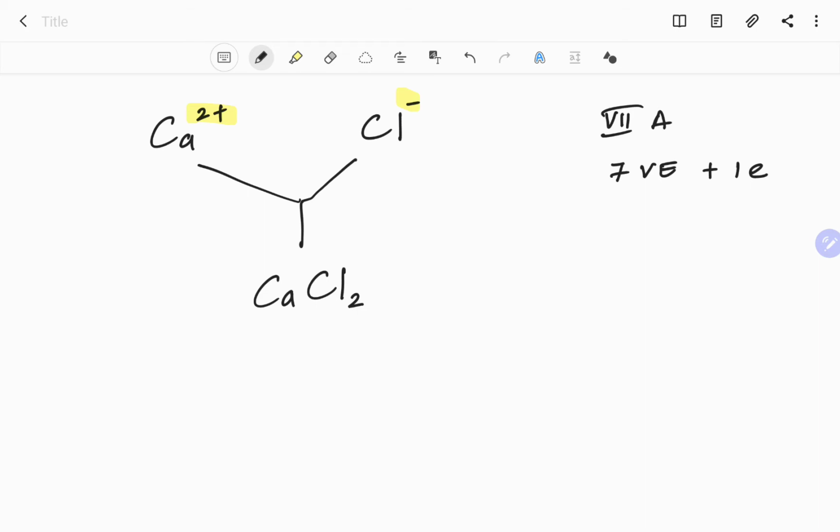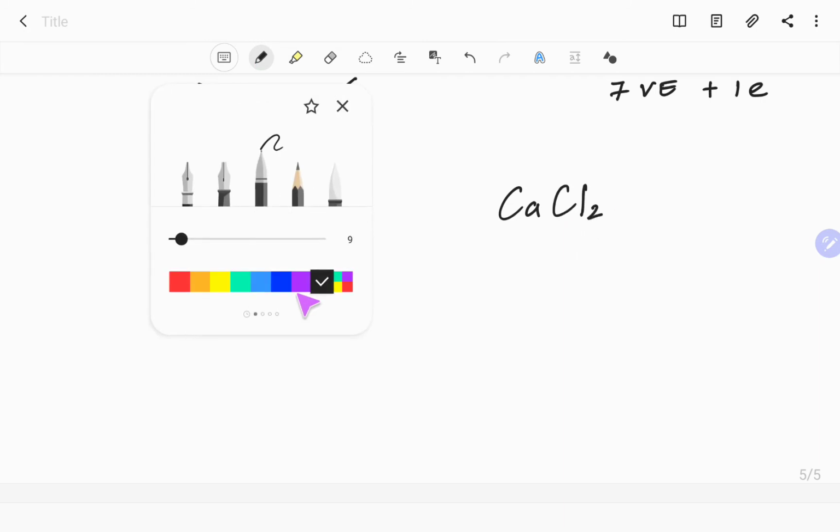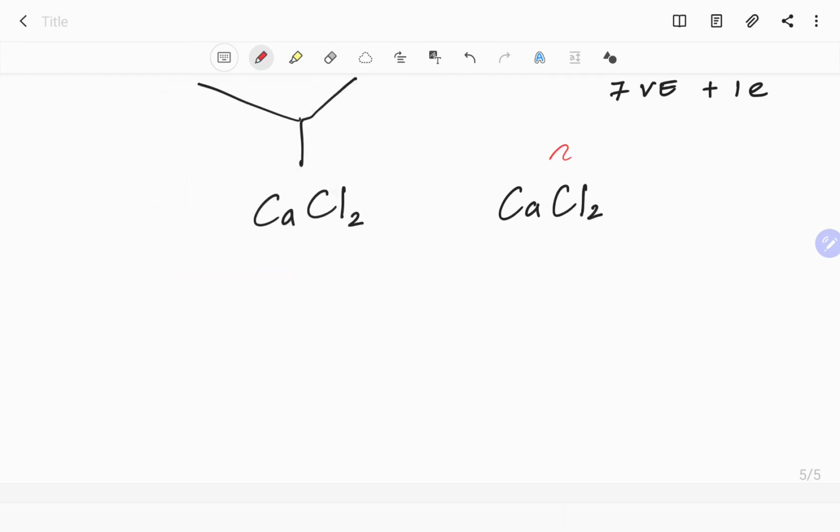Okay, so this is our chemical formula. Let's check the accuracy of our formula. Calcium chloride. Let's separate the positive side from the negative side. We are separating the anions from the cations. Cations are positive, anions are negative.